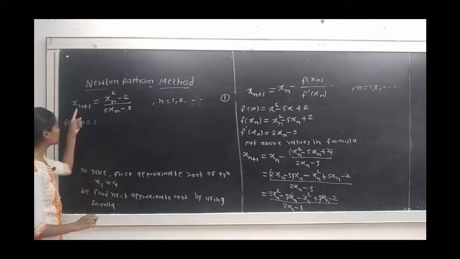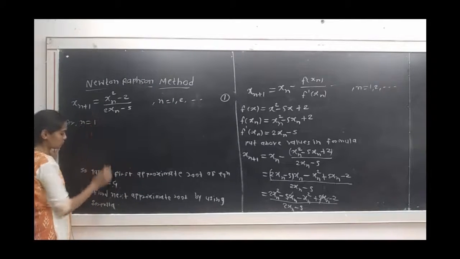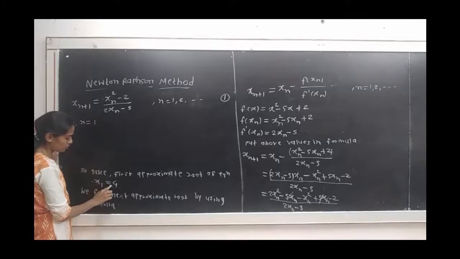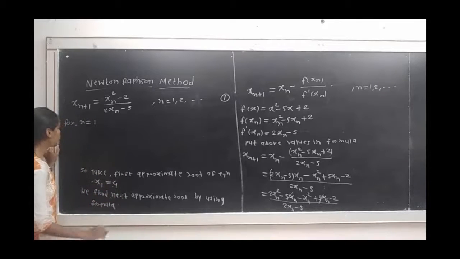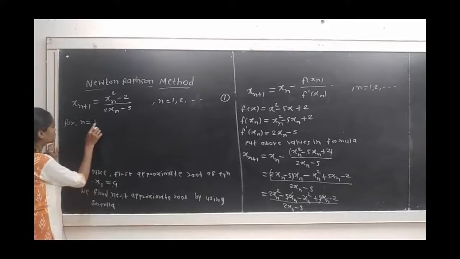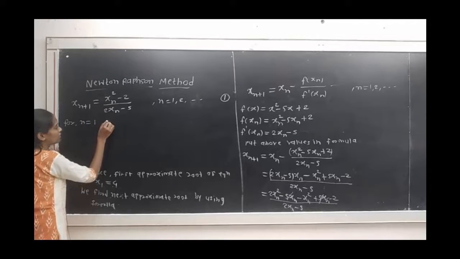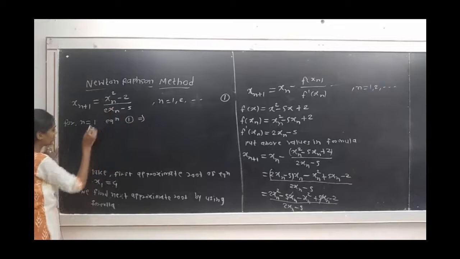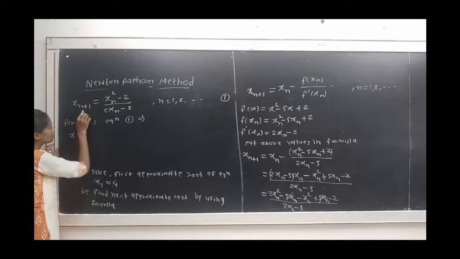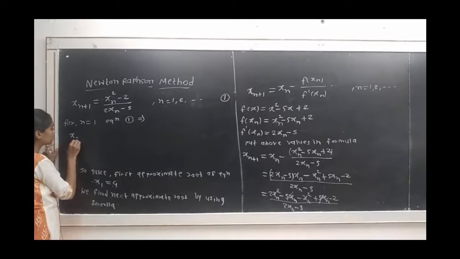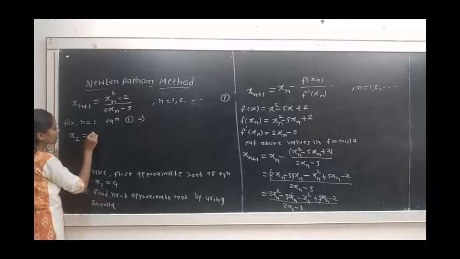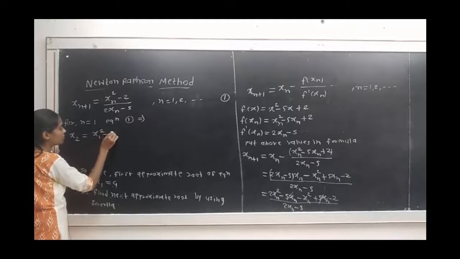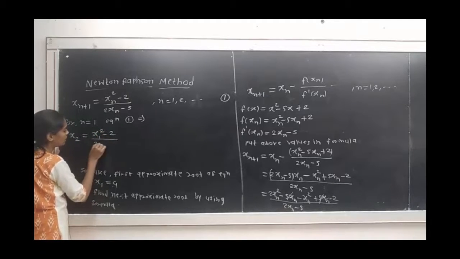Therefore we get the next approximation, that is x2. For n is equal to 1, equation number 1 becomes x2 is equal to x1 square minus 2 divided by 2x1 minus 5.